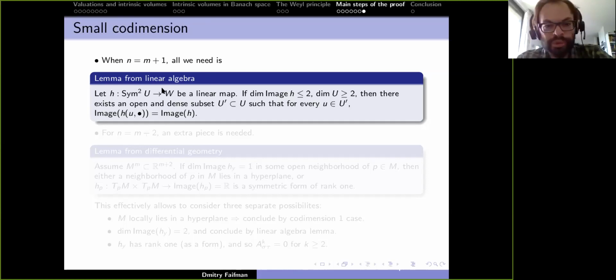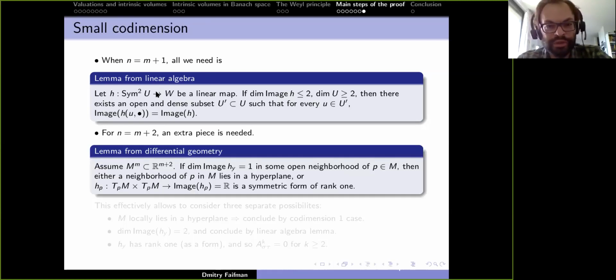For m+2 there is one extra piece from differential geometry. And here is the piece. If it turns out that your second fundamental form is in fact of image dimension 1, then there are two possibilities.